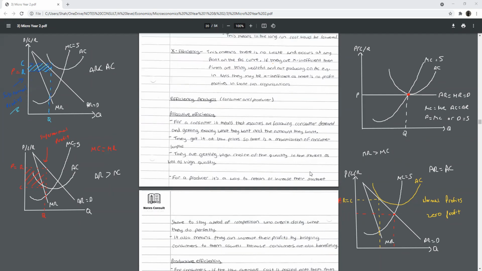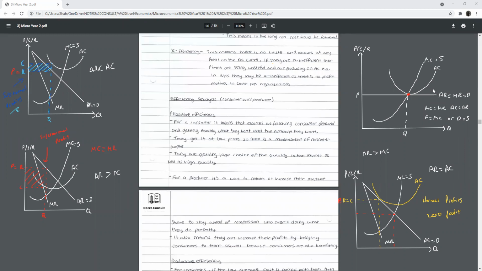So what we're basically doing here is we're looking at a diagram and describing it in terms of efficiencies. Because what's going to happen in your essay is that if you need to talk about any of these market structures, for example perfect competition, you're going to draw this diagram and then you're going to need to analyze it.